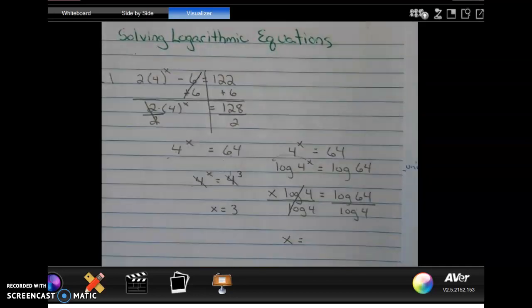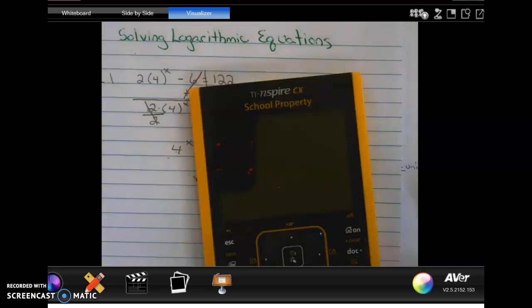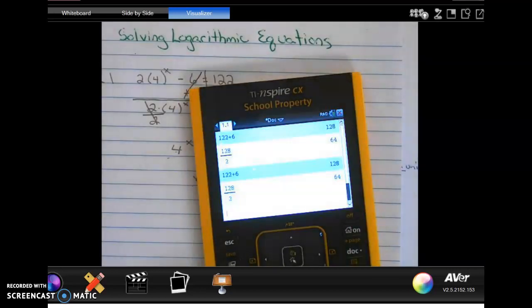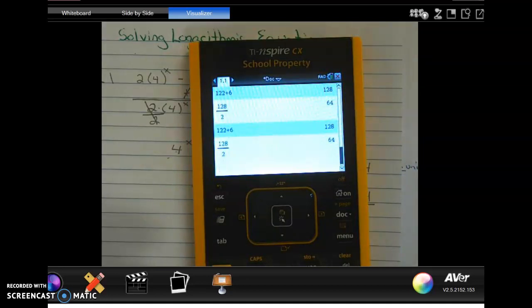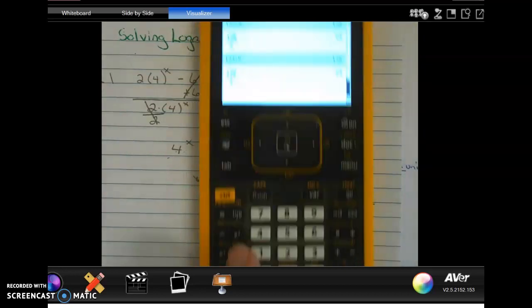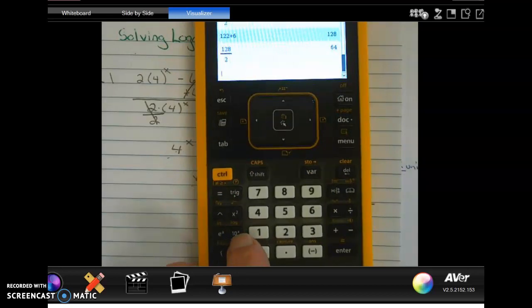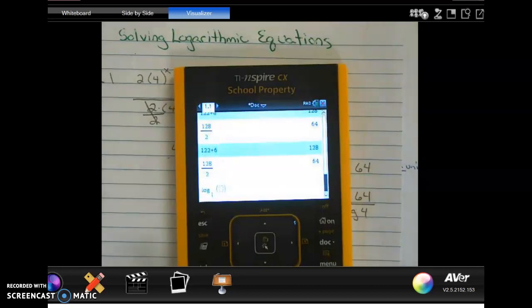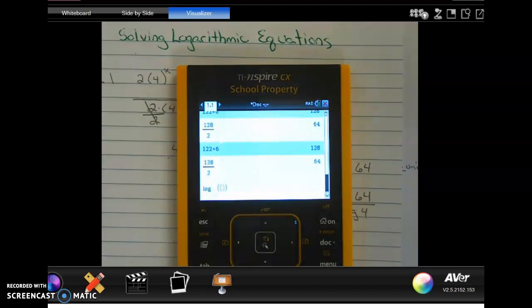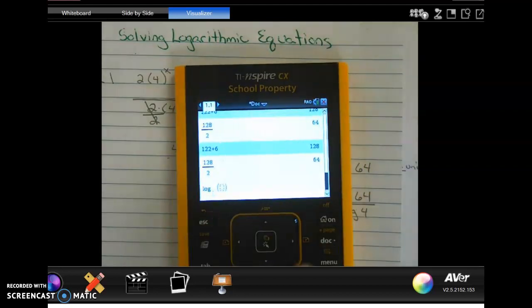And in this case, we would want to use our calculator. And we're going to press control, and it's 10 to the x power. It's this button right here. It's got the log on it. All right, since we're in base 10, you can put a 10 in that spot, but you don't have to.